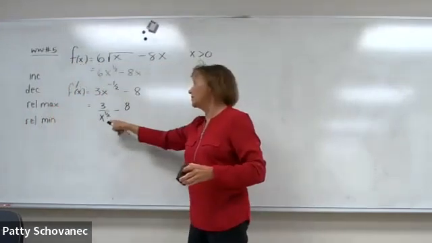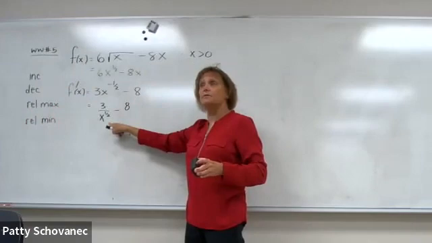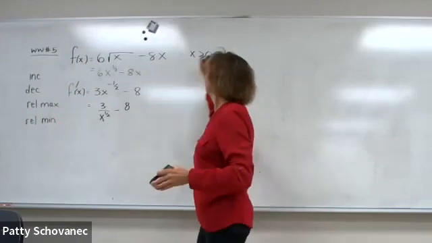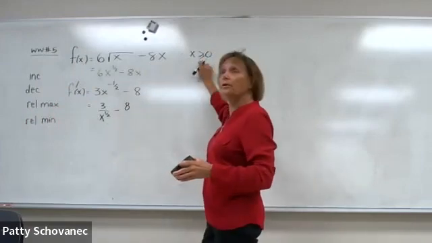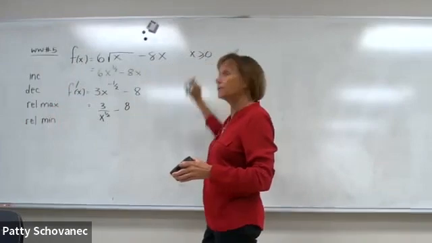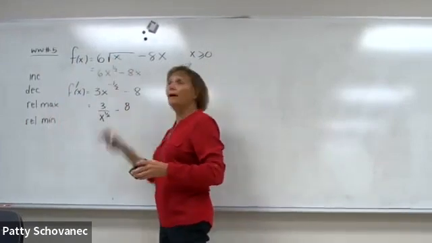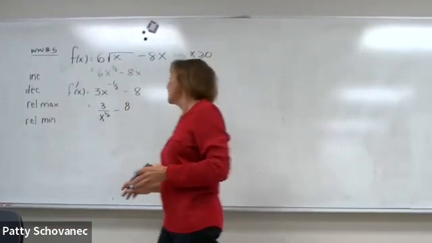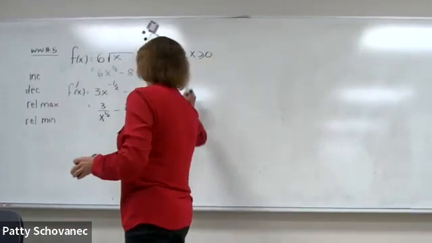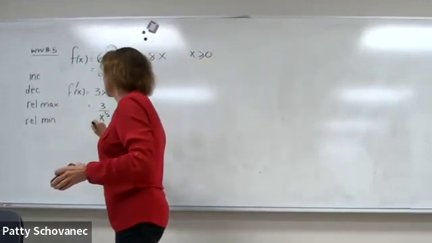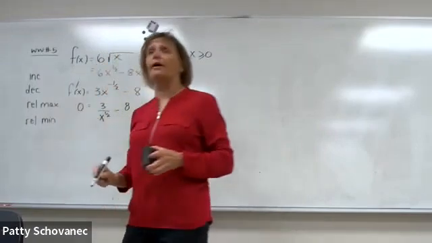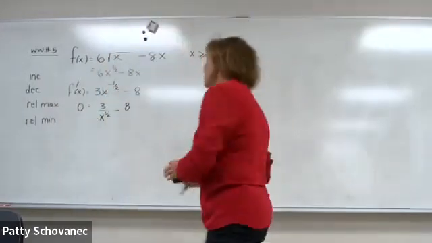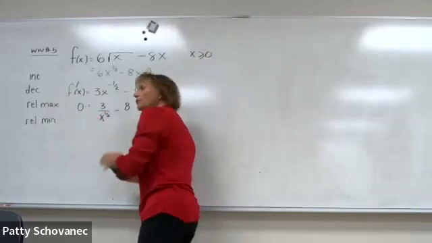So having the x on the bottom automatically makes x equal to 0 a critical number, but this says that x is 0 is going to be a critical number anyway because it's an endpoint. It's an endpoint of that graph as well. So we hang on to x is 0, and now we are setting this equal to 0, and we're going to solve for x. So what I typically do there is take the term that's negative and move it to the other side.